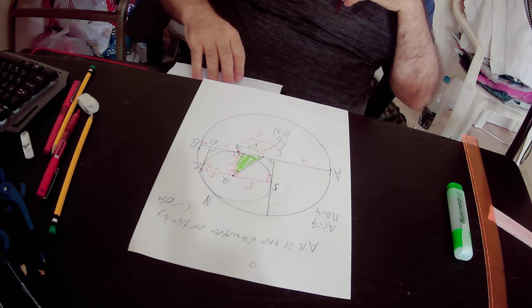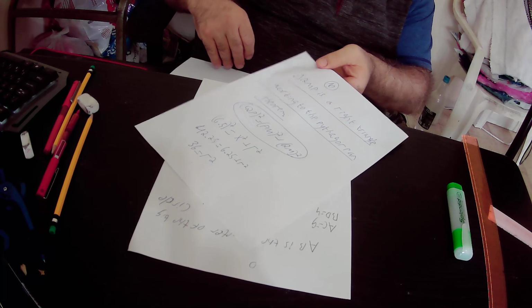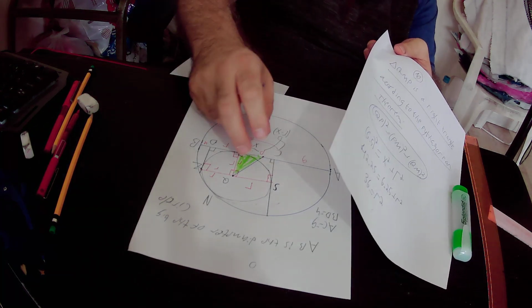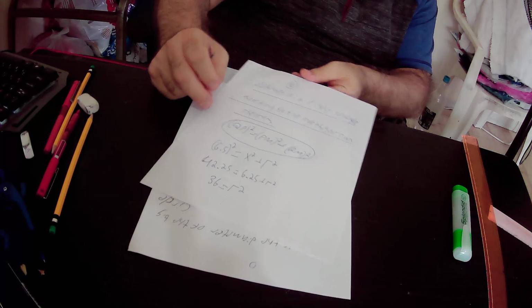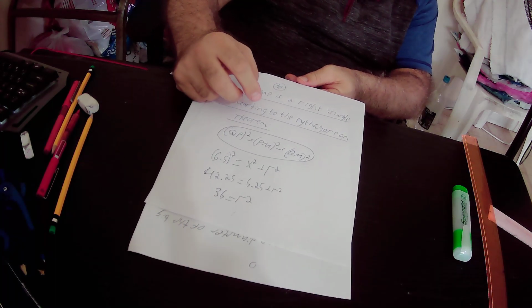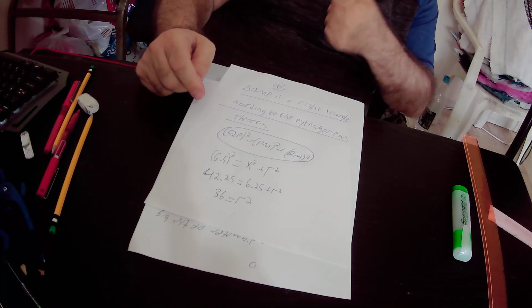So we found the radius of this circle according to the Pythagorean theorem, which states that the square of the hypotenuse equals the sum of the squares of the perpendicular sides. That is to say, QP squared equals PM squared plus QM squared.